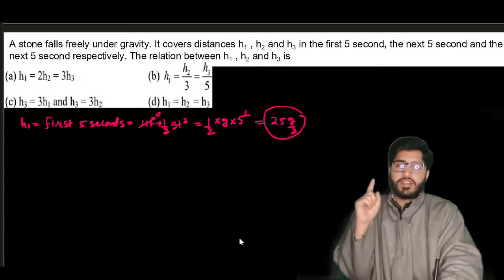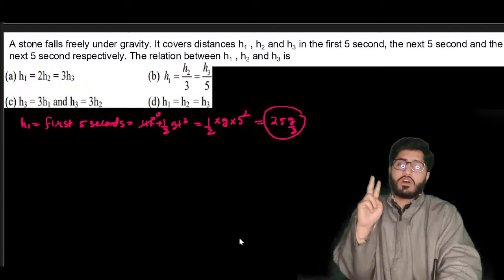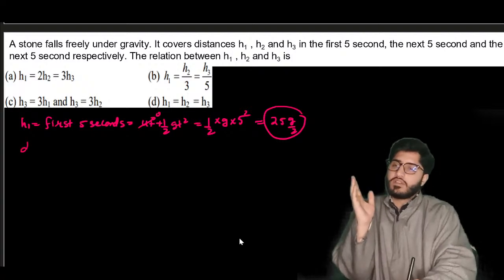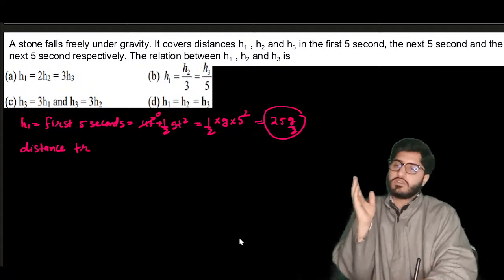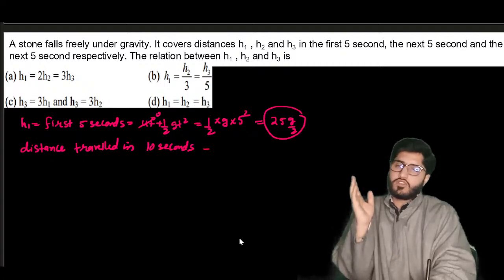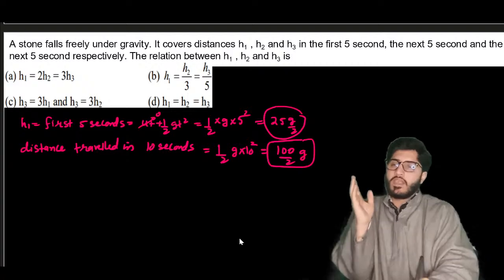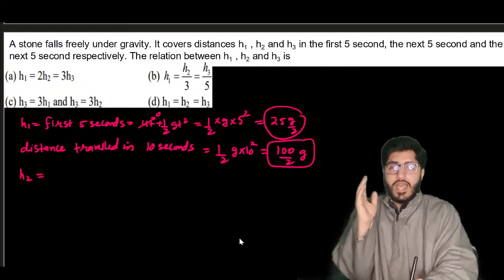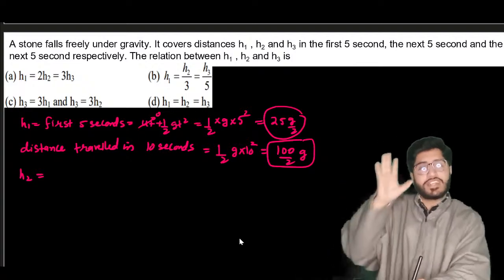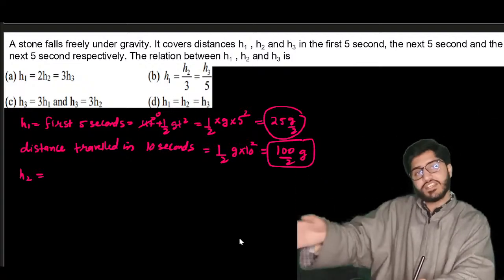Distance traveled in 10 seconds would be 1 by 2 g into 10 square, which is 100 by 2 g. But h2 will be the distance traveled in 10 seconds minus the distance traveled in 5 seconds.